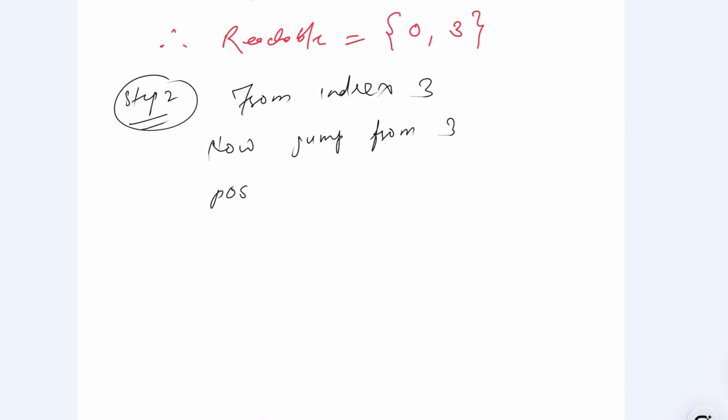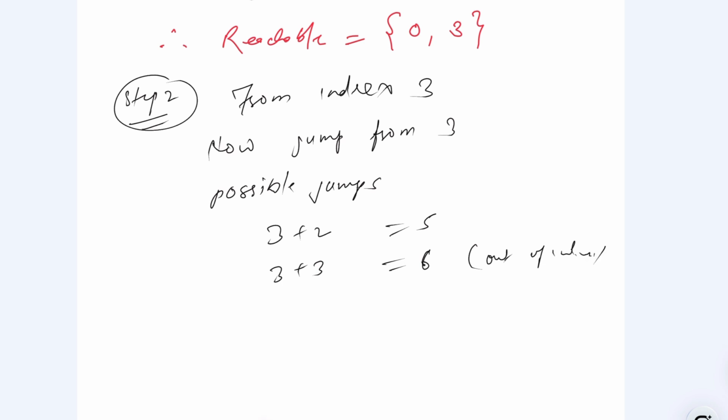The possible jumps we have seen: 3 plus 2 is 5 and 3 plus 3 is 6. So this is out of index, right? So this is not possible, guys. And we have seen that here we have 0, right? So this is possible and this is not possible.